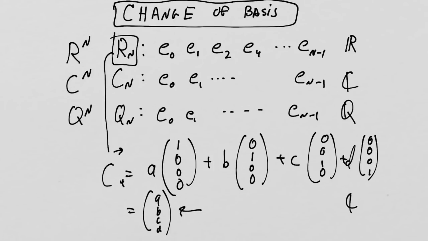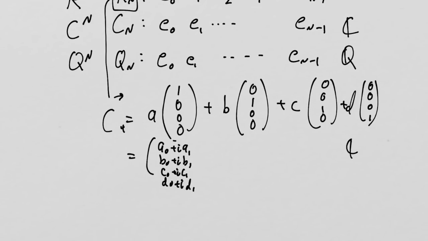The final result could ultimately be broken down into A0 plus iA1, B0 plus iB1, C0 plus iC1, and D0 plus iD1, right? So it's still a 4-dimensional vector space in the sense that it has 4 basis vectors, right? But the bin of scalars is now the complex numbers.